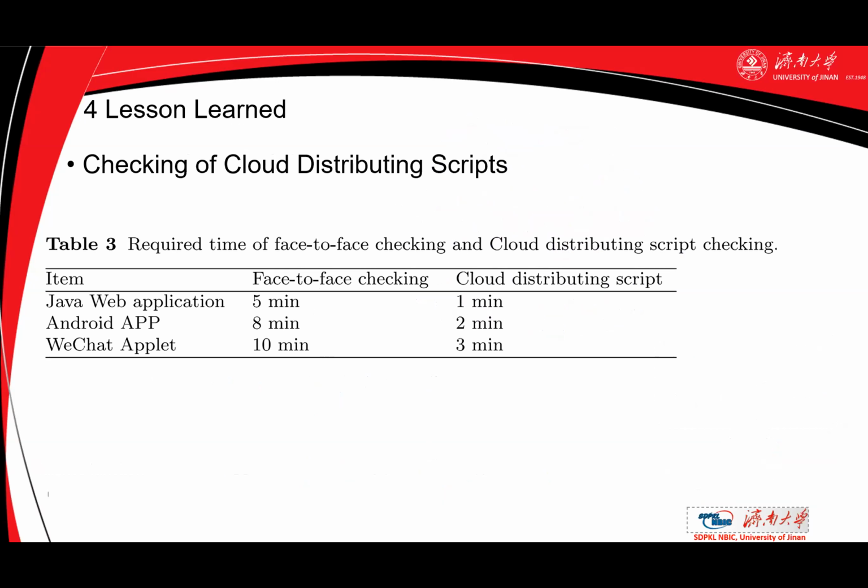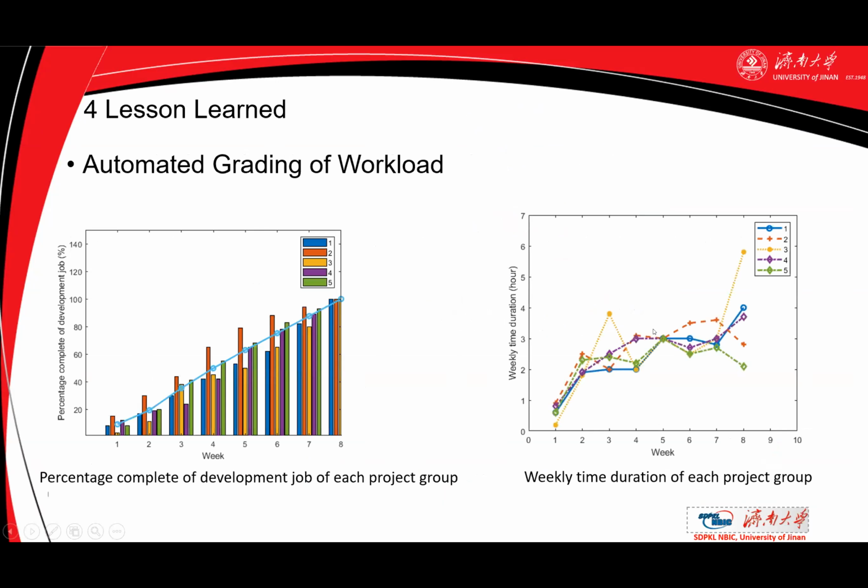Based on the previous theory, through our experiments, we found that the time for using cloud distributing scripts to check students' work is significantly less than face-to-face checking. The picture on the left is a percentage complete of the development job of each project group.